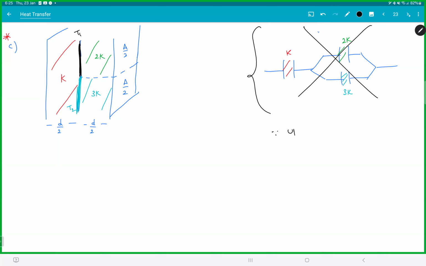Since the upper and the lower interface are not identical, the upper and the lower interface will have different temperatures.